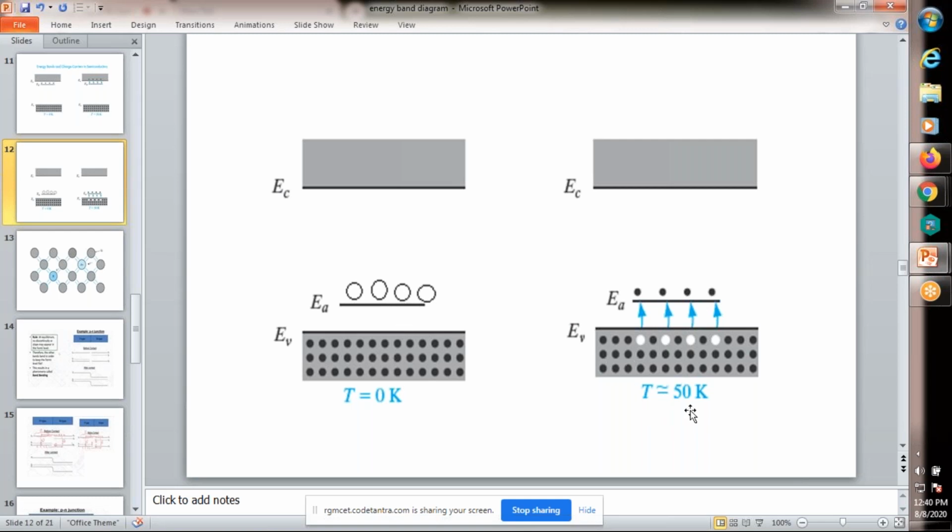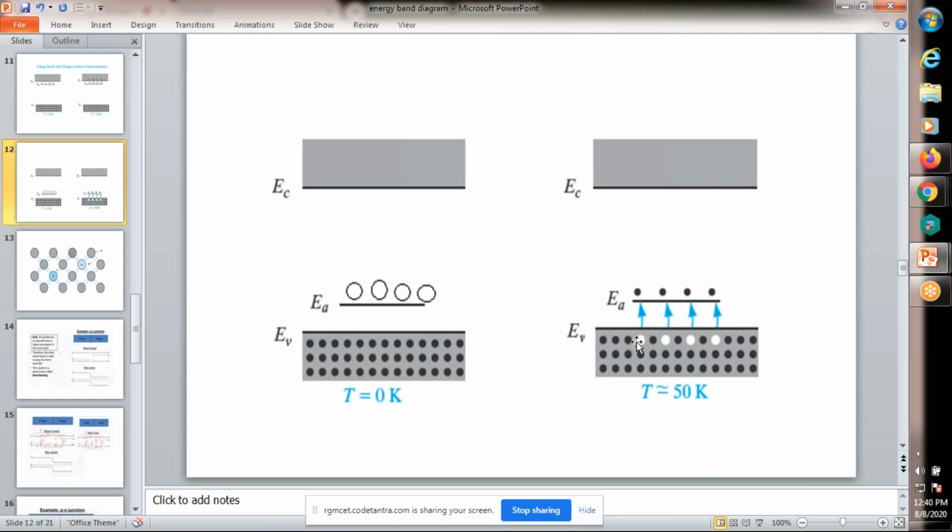At 50 Kelvin, the valence band electrons acquire energy and jump into empty spaces. Empty spaces are already available from acceptors, like boron. This electron jumps into the available acceptor energy states, this electron jumps, this electron jumps.